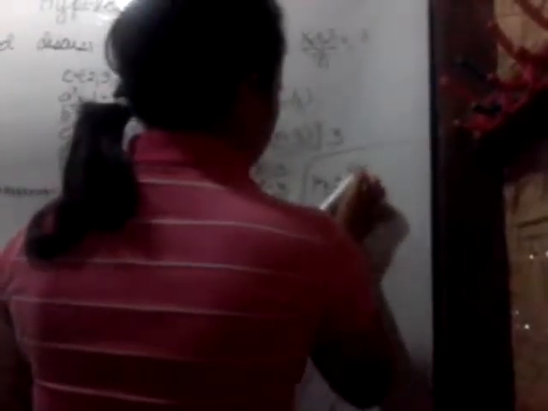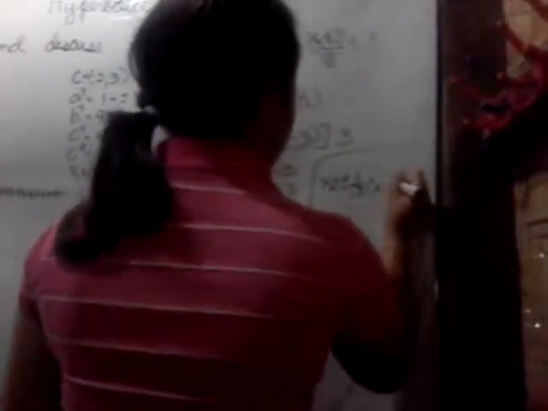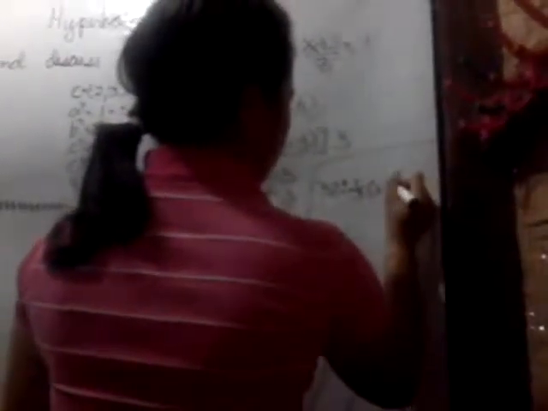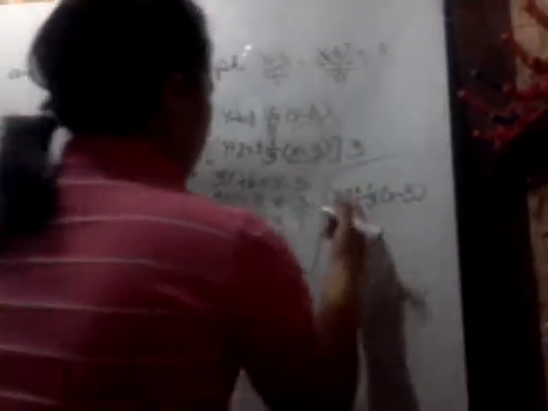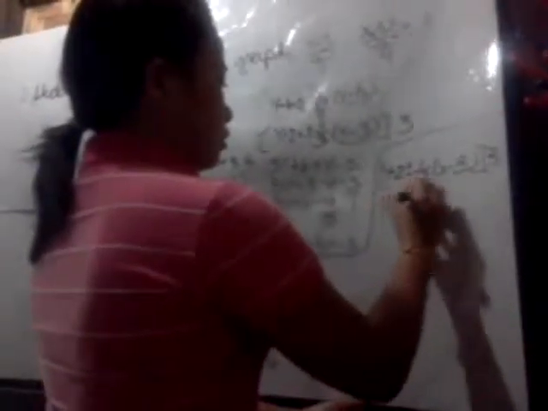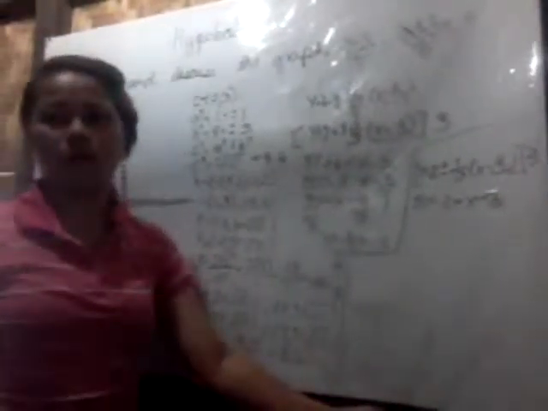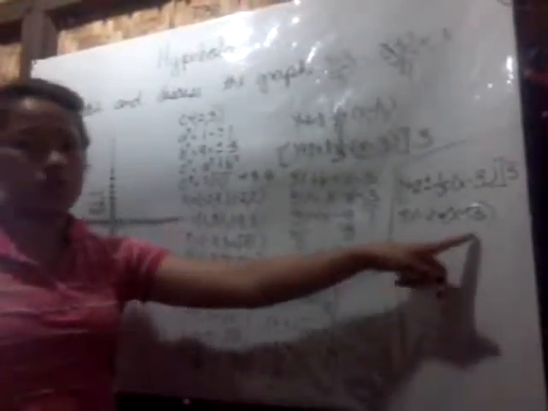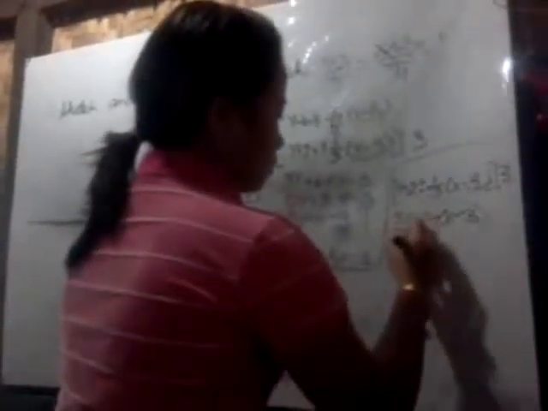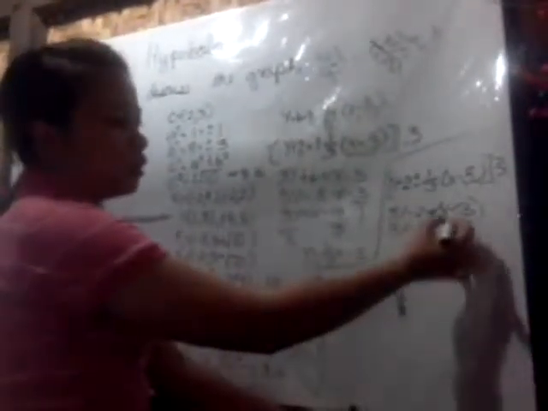Still enclose it in 3, then 3y. There. Have to put some open and close parentheses here, then so that's it.